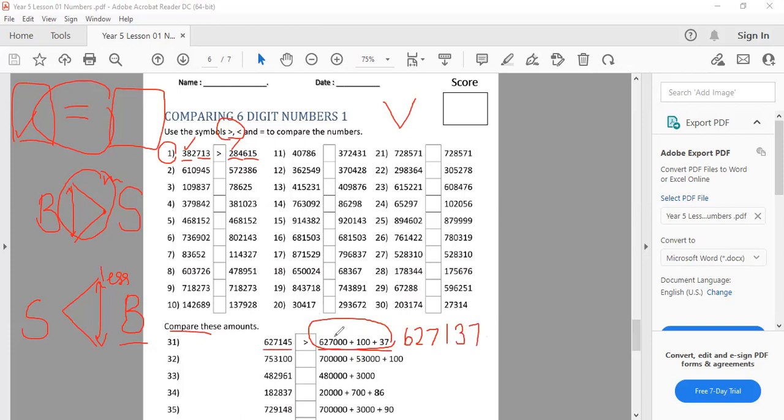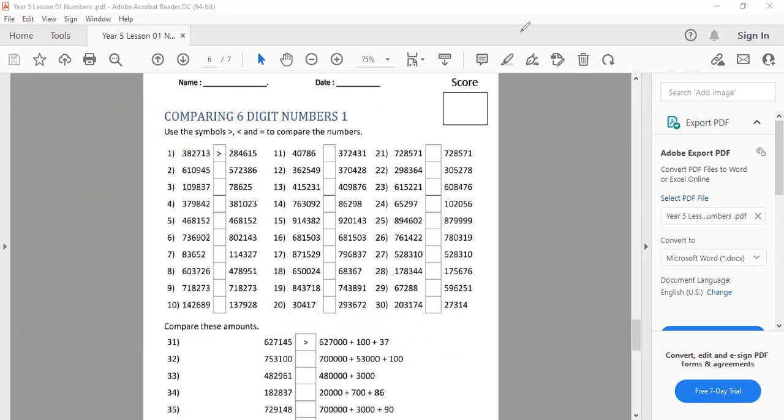This is 145, this is 137. So 145 is more than 137. Do you understand? So now you are not comparing the 6 or the 2 or the 7. You are comparing the 45 and the 37. Be very, very careful. That's why you learn place values. Okay? You must know what exactly the number or the place value of the digit.